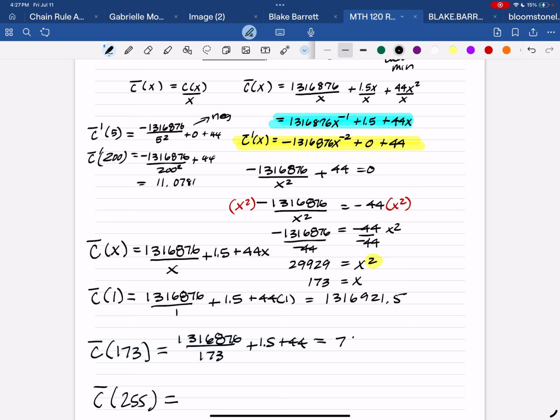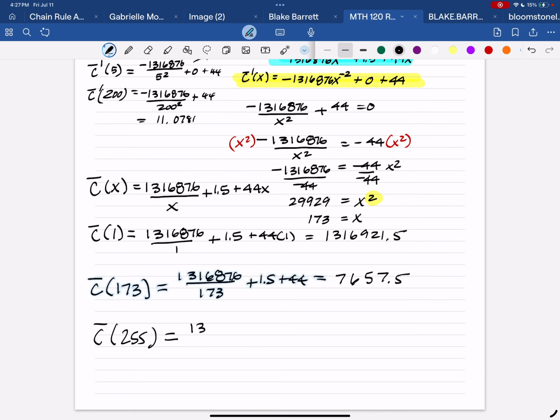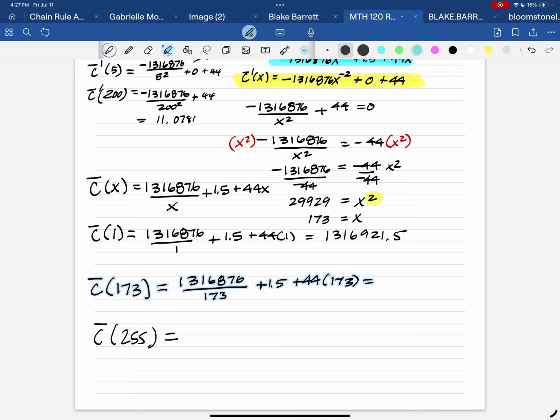Wait a minute, let me double check that. It's 1,316,876 divided by 173 plus 1.5 plus 44 times 173. Okay, because there's an x right here that I missed that time, so you've got to be careful.